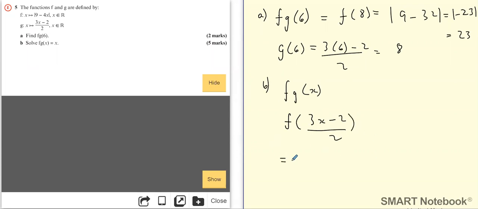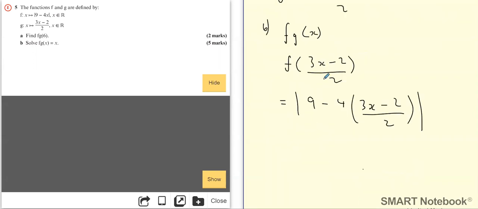And so that then becomes modulus of 9 minus 4 times 3x minus 2 over 2. Are we happy with everything I've done up to here? Does that make sense? Can you please have a quick look at your work and ensure that you are happy with this?